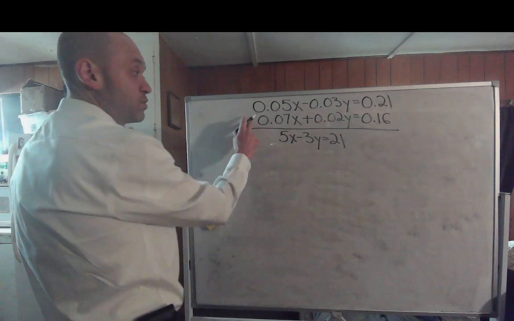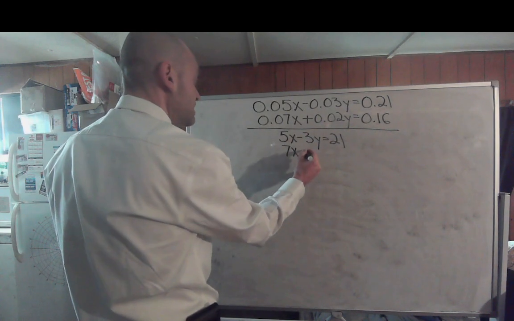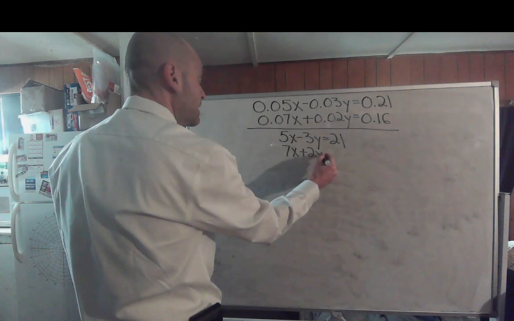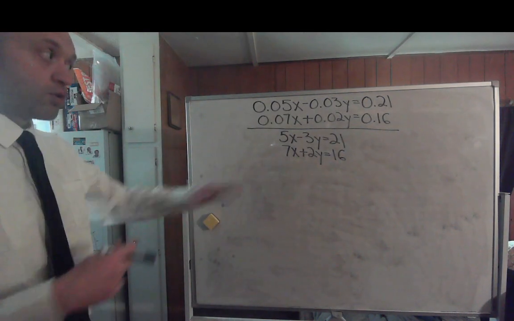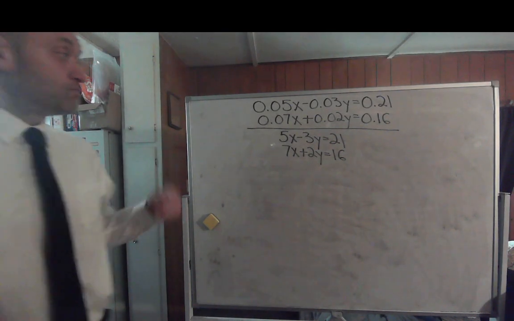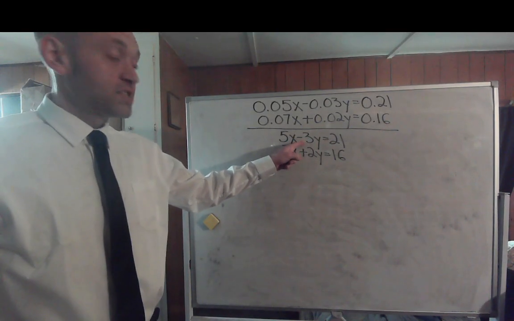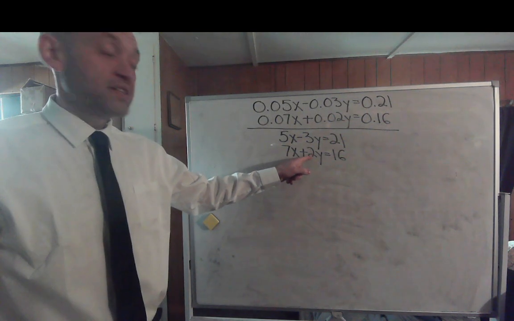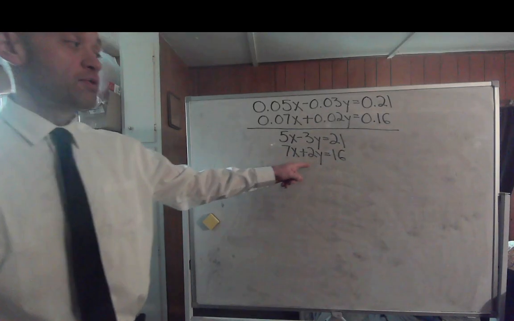The second equation would give you 7x plus 2y equals 16. Now we have a form we can more readily work with. You have a negative coefficient on the y in the first equation and a positive in the second, so I think we definitely want to eliminate the y variable.